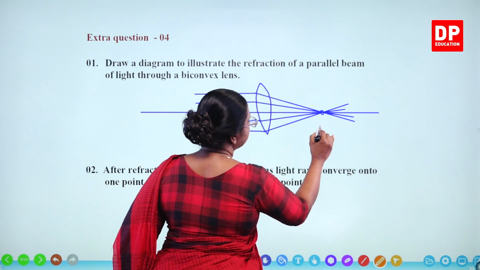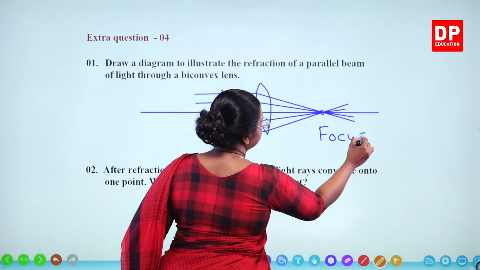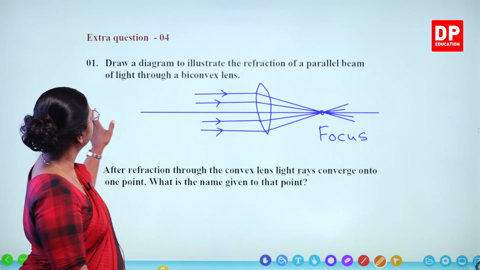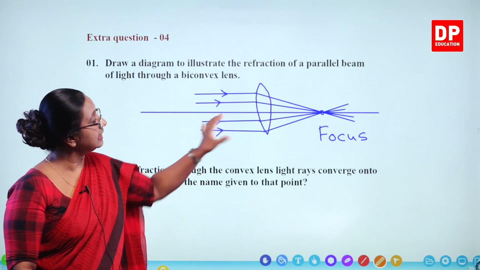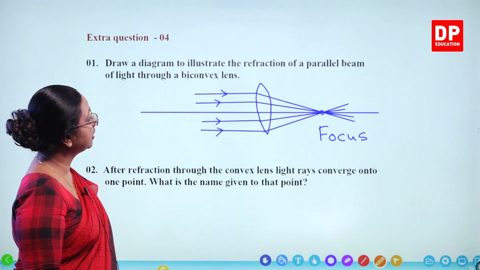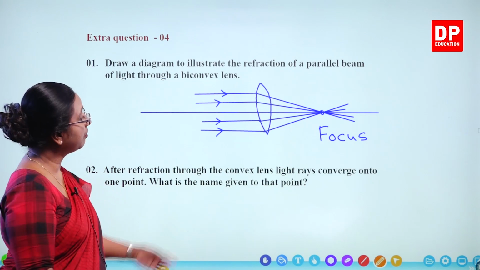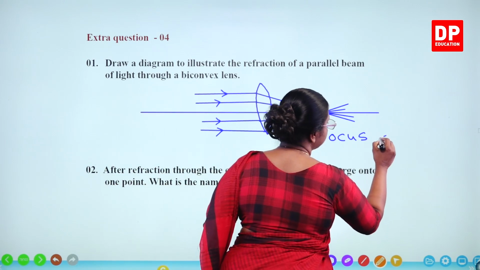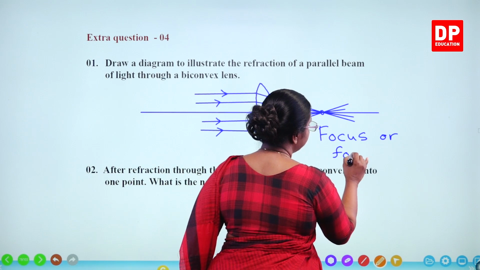And this point is the focus. So, biconvex lens is a converging lens. It focuses all the rays onto the focal point or focus. So, you can call it the focus or focal point.